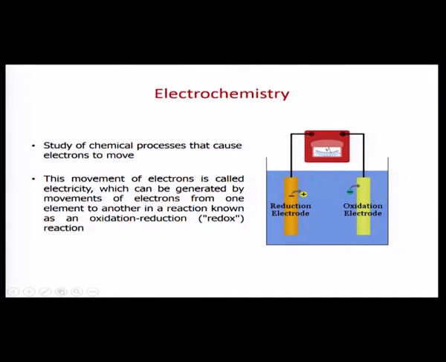Any chemical species that undergoes oxidation and reduction, it should take place simultaneously. One alone may not take place alone. Both oxidation and reduction should take place simultaneously, because through this the movement of electrons is taking place.